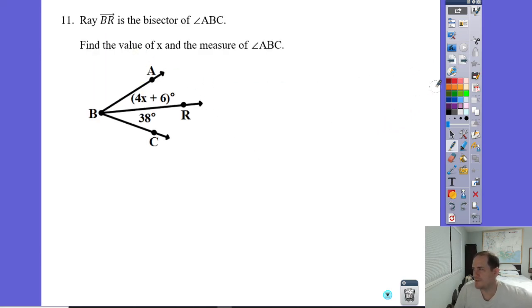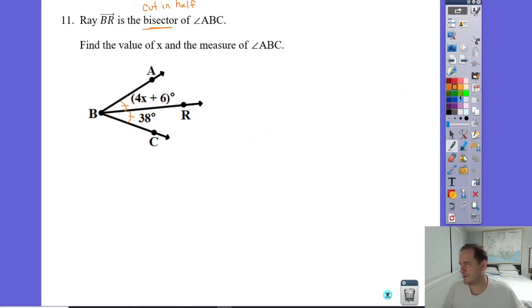All right, now 11. It says ray BR is the bisector of angle ABC. Bisect means cut in half. So that means BR is cutting this angle in half, so this piece right here must be the same as that piece. That means the 4x plus 6 is the same as the 38.